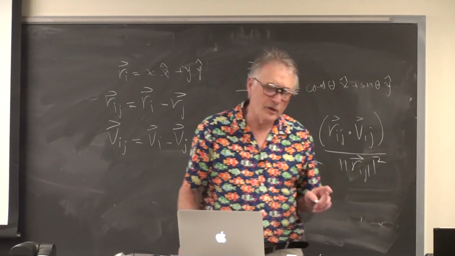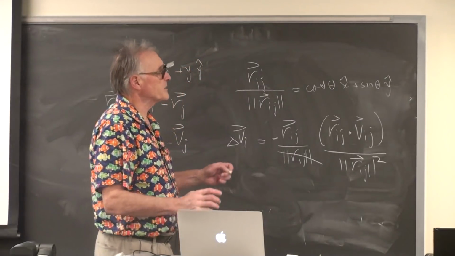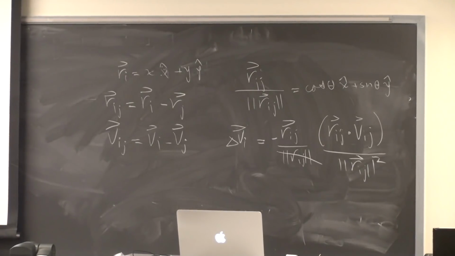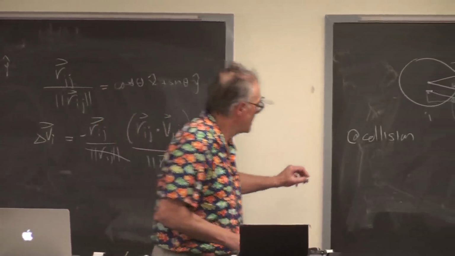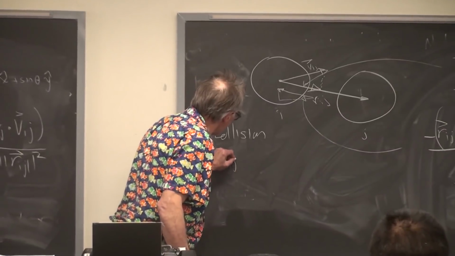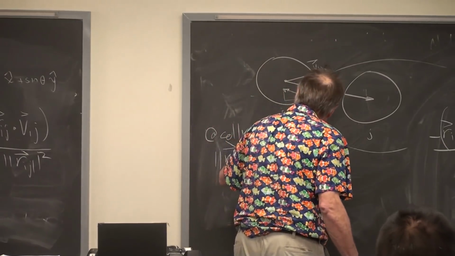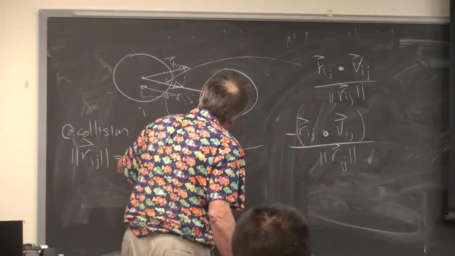Now, there's a bunch of simplifications you can do. One is, until there's a collision, there's no force. When there is a collision, then we know what the magnitude of Rij is. At collision, the magnitude of Rij squared has to be equal to 2 times the ball radius, squared.